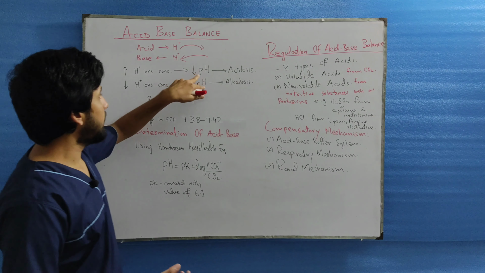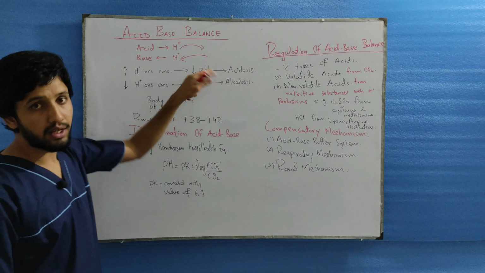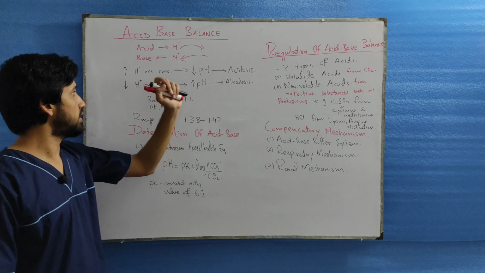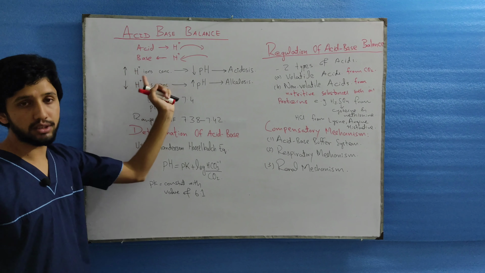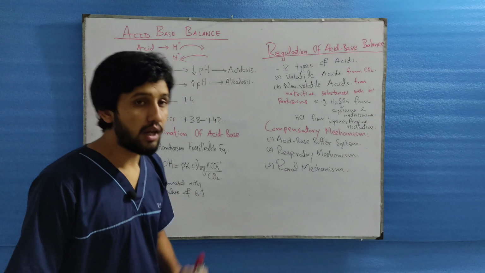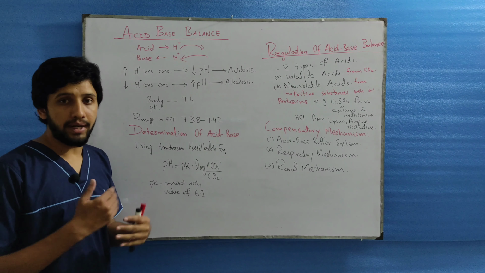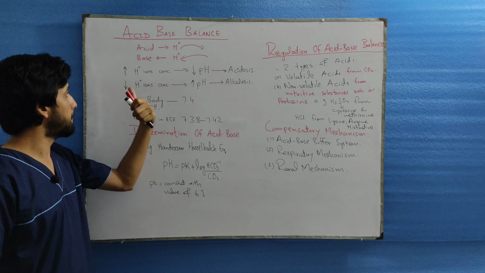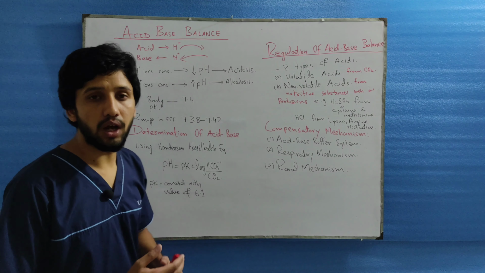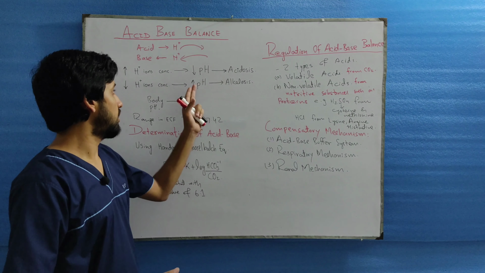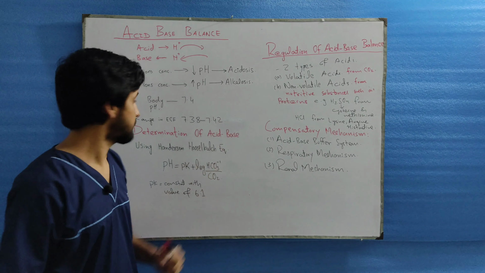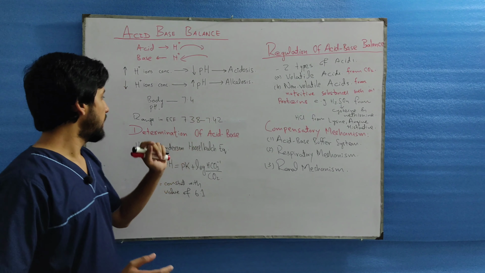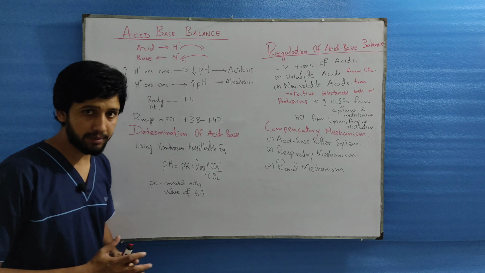So when the pH is decreasing, this leads to acidosis, a condition in which there is an increased H+ ion concentration. Likewise, a decrease in H+ ion concentration will lead to an increase in the pH, and this increase in pH is called alkalosis. So our body is at a constant pH of 7.4, which is the range of ECF in a healthy person.